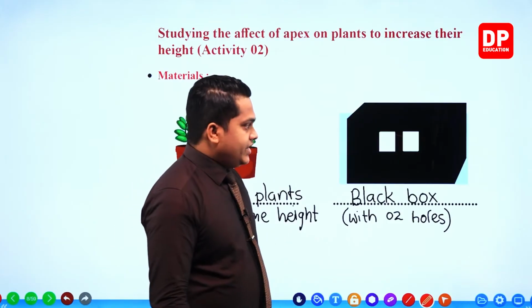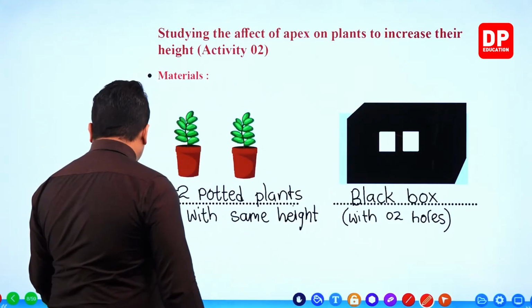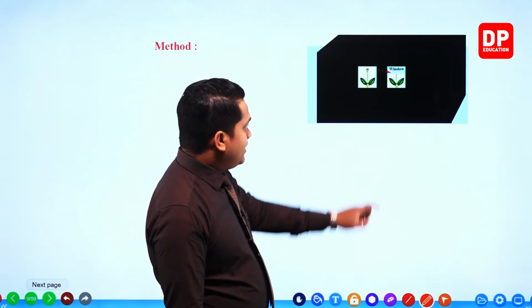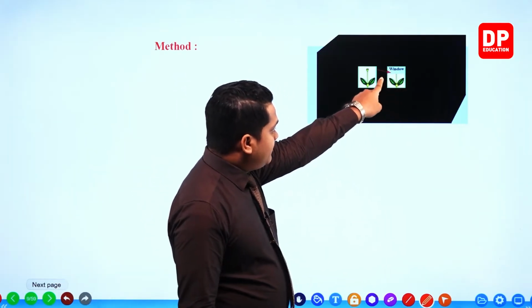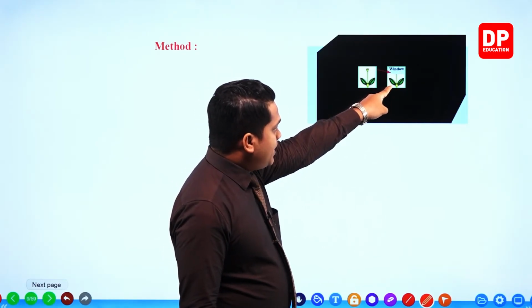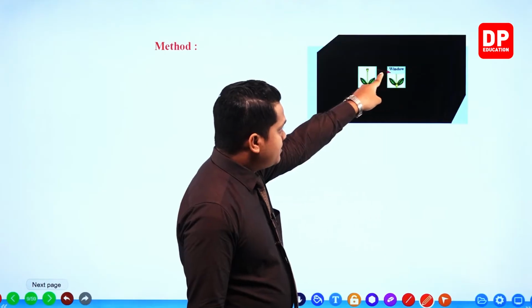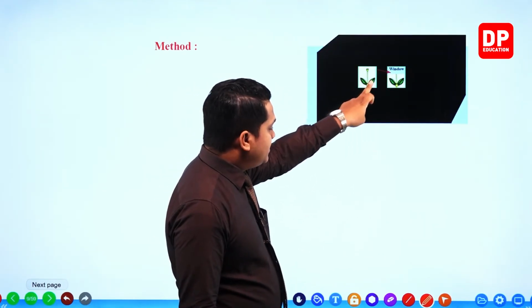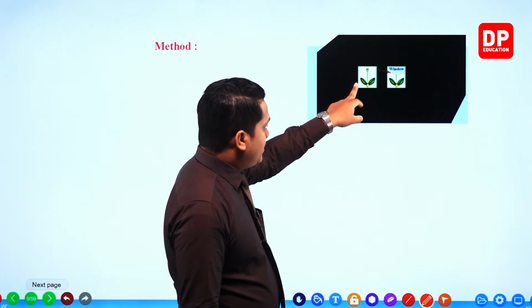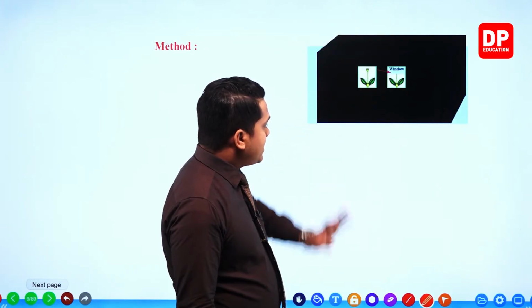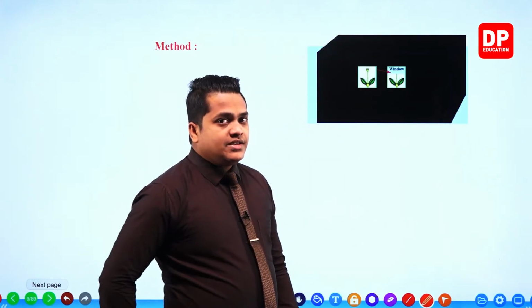Right then. The method, as you can see, is very simple. Within this figure you can clearly observe that in one plant the apex has been removed. This is the first one, this is the second one. In the first one, the apex remains the same. There is no change in the apex.